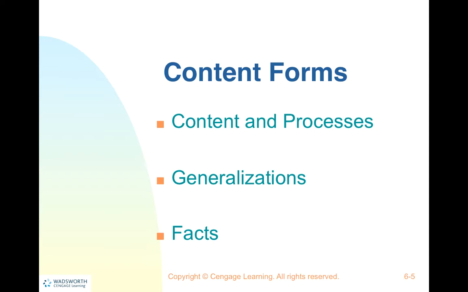Content is the information that we want our students to learn. And processes are the thinking skills you want them to acquire. Those two things can go hand in hand, but they are different. Content basically equals information.